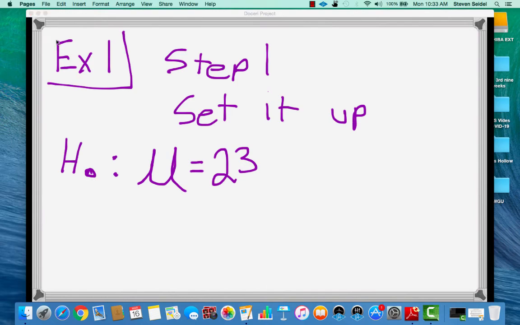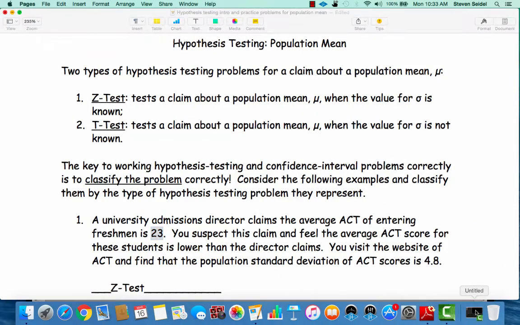Now you're halfway there in setting this up. We suspect it. We think it's lower, or feel that the ACT score might be lower.